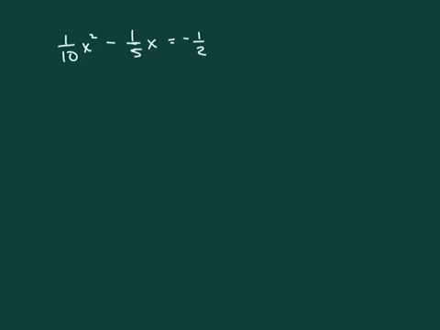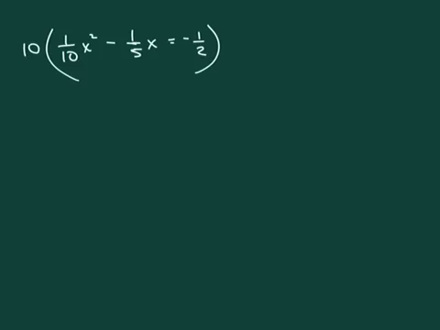Okay, example number 3. You should be pretty familiar with this when you get these fractions on here and you have an equal sign and you want to get rid of a fraction. You multiply the entire thing by the least common denominator, which in this case is 10, because 10 goes into 10, 5 goes into 10, and 2 goes into 10.